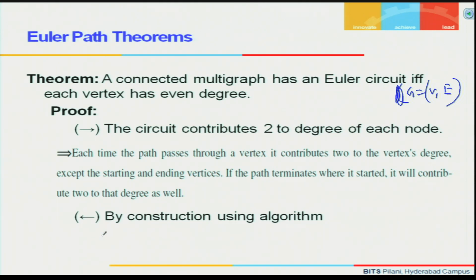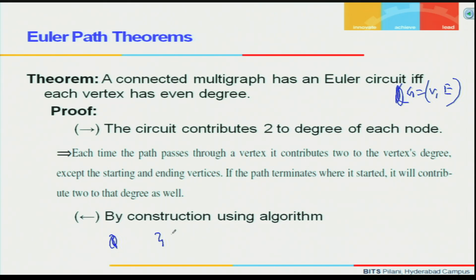It means that there is a path like this, isn't it? There is a vertex U from where you are starting your journey and finally reaching back to the vertex U, and on the way, you are traversing through each of the vertices.